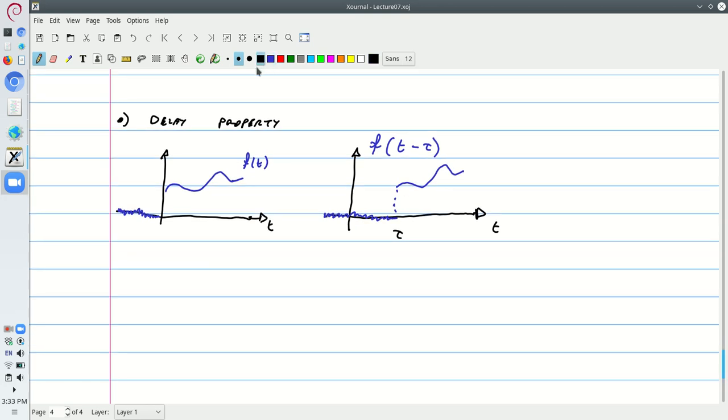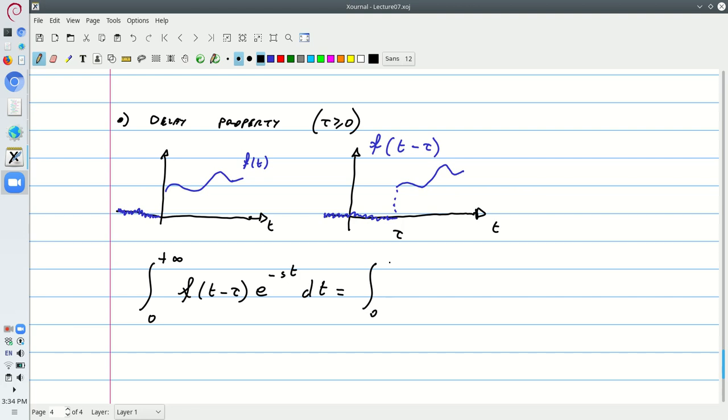So we simply compute it. We want to compute the integral from 0 to plus infinity of f of t minus tau exponential of minus st in dt. This tau is simply a delay, and we are assuming that tau is greater or equal than 0. If it's equal to 0, there is no delay, but the formula still holds. So, how do we operate?